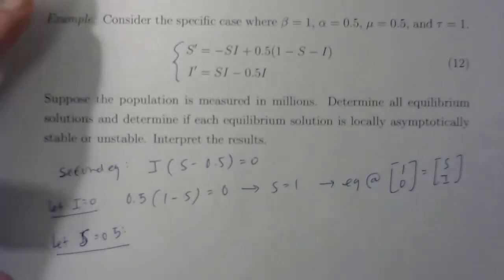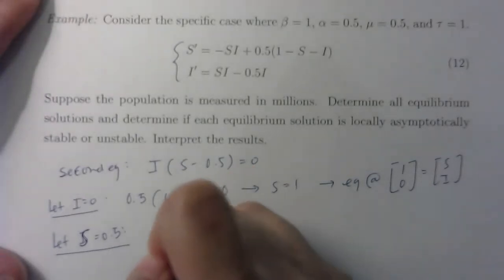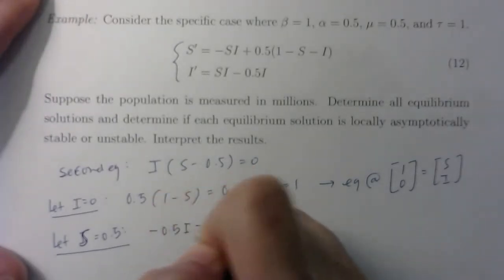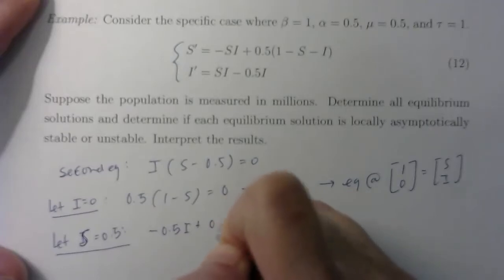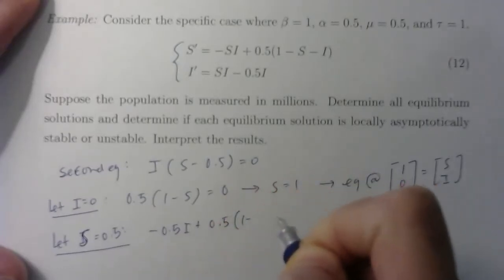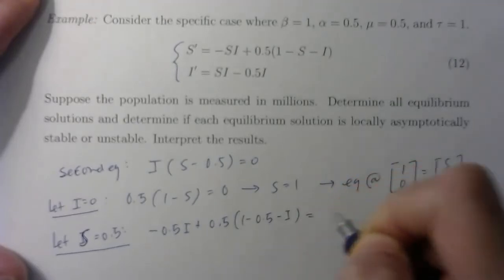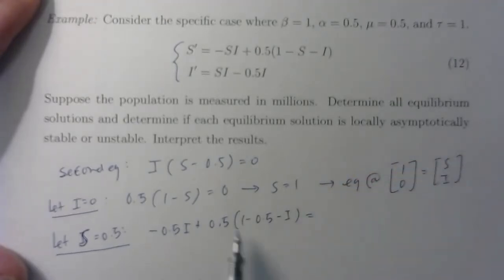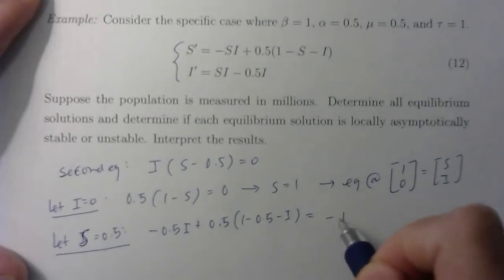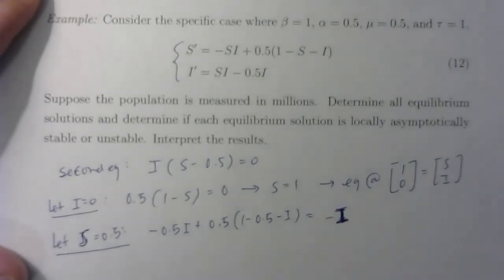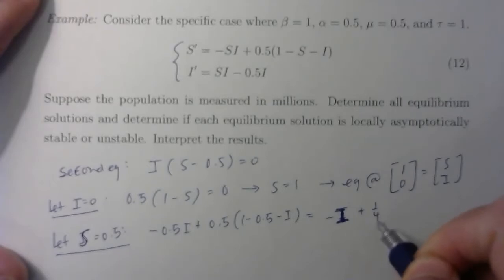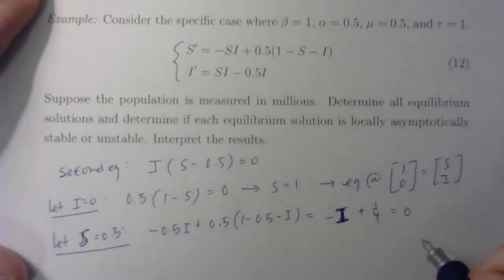So now I have minus 1/2 I plus 1/2 times 1 minus a half minus I. We can simplify that a bit: minus 2 times a half I's, so minus I, and then it's 1 minus a half, so a half times another half, plus a quarter is equal to 0.